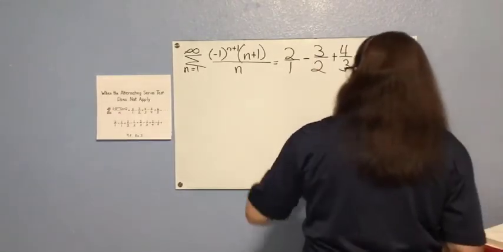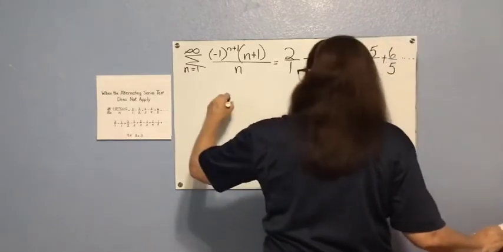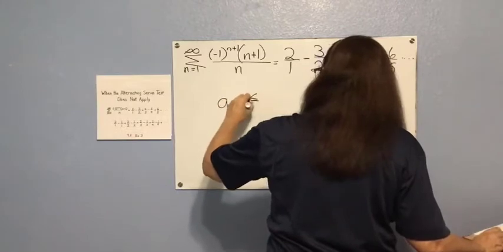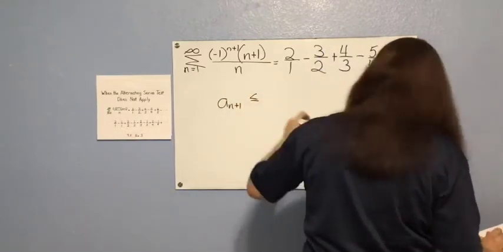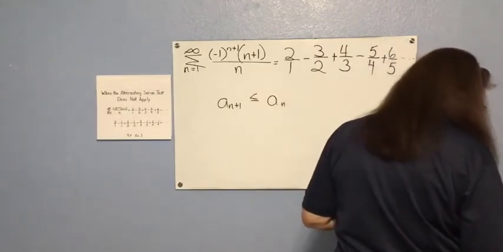Okay, this passes the second condition of the test because a sub n plus 1 is always less than or equal to a sub n.